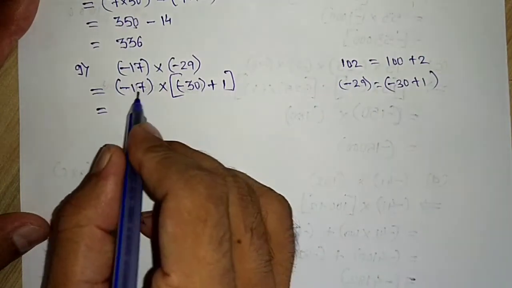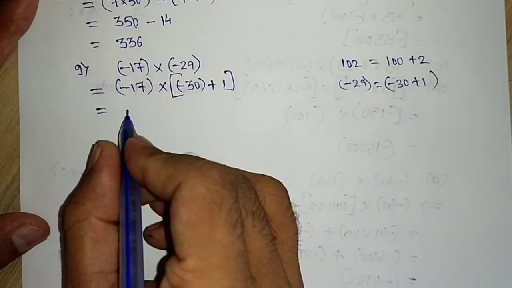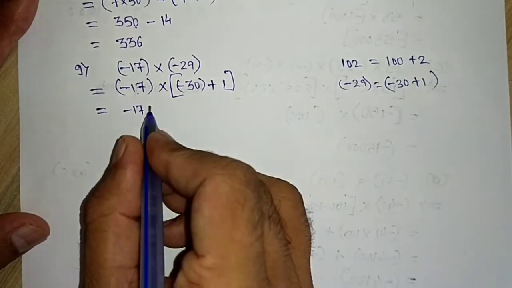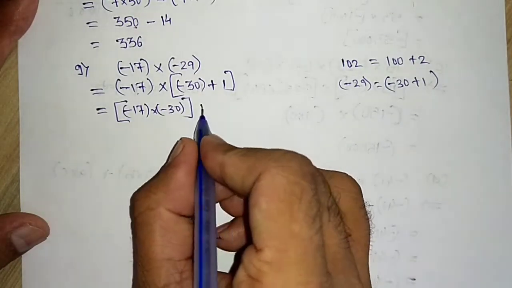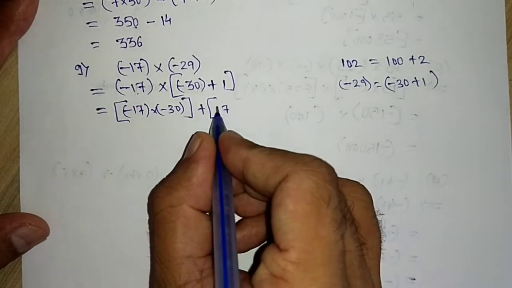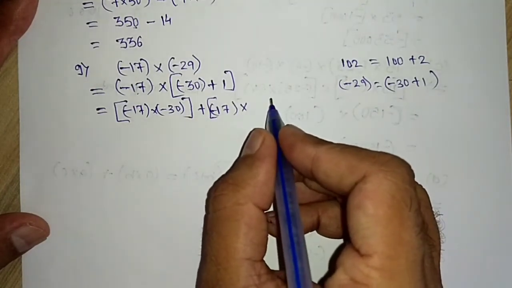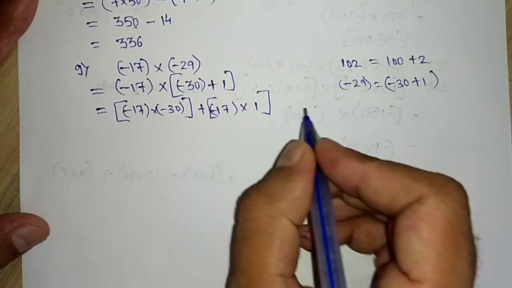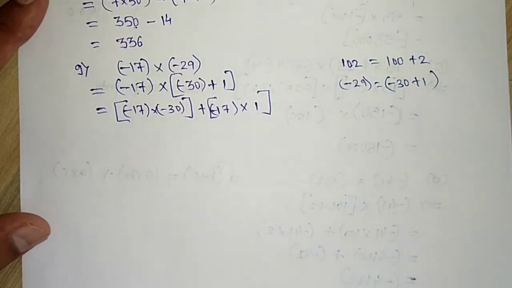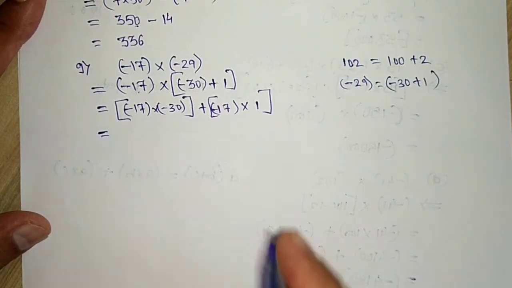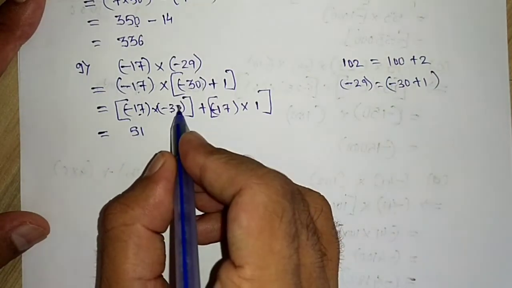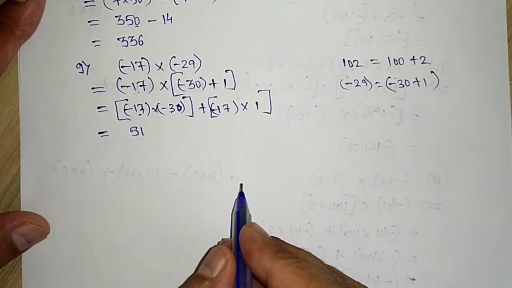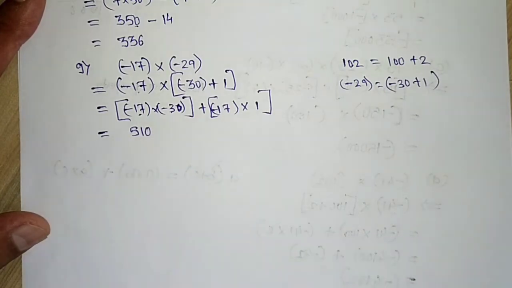Now we will use the distributive property over addition, that is A multiplied by B, that is minus 17 into minus 30, plus A multiplied by C, that is minus 17 into 1. Now if you know the 17 table, students, 17 threes is 51, and since it is multiplied by 30, I will write here 510.